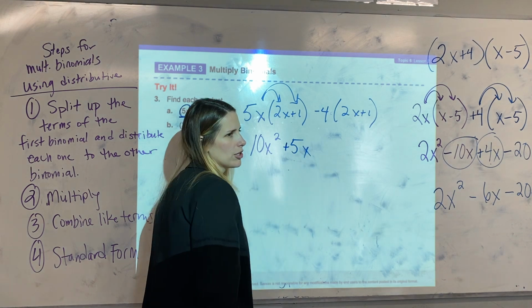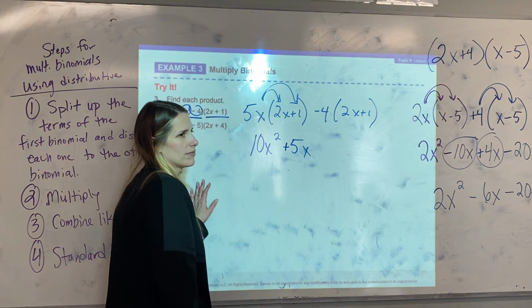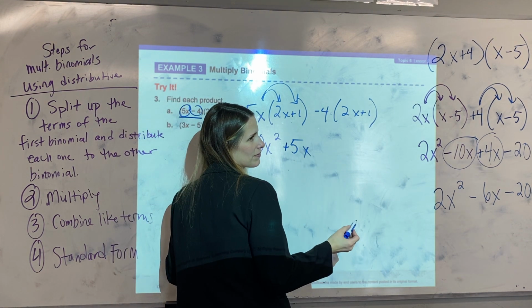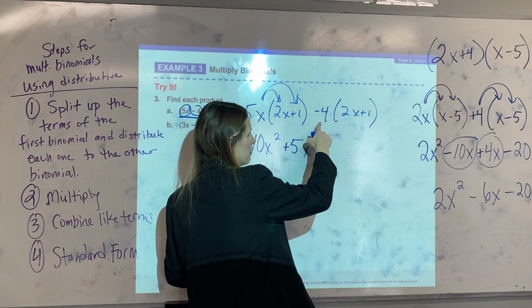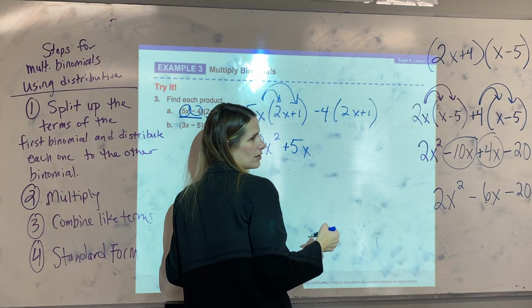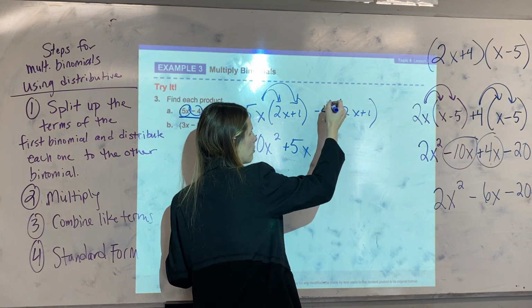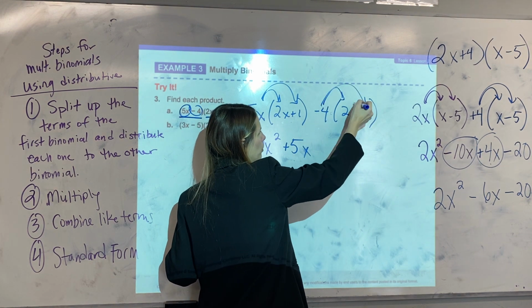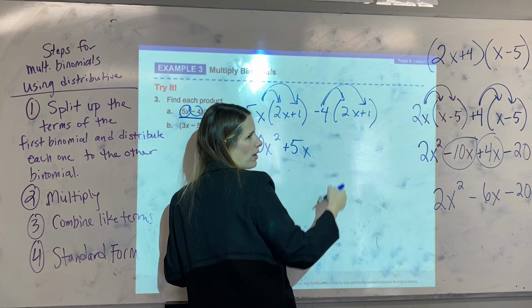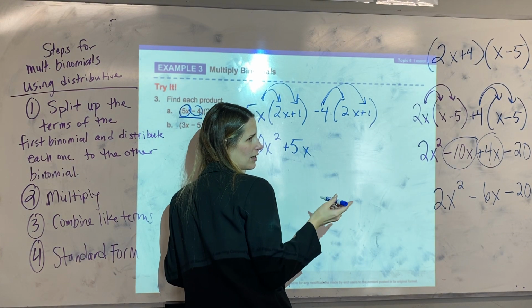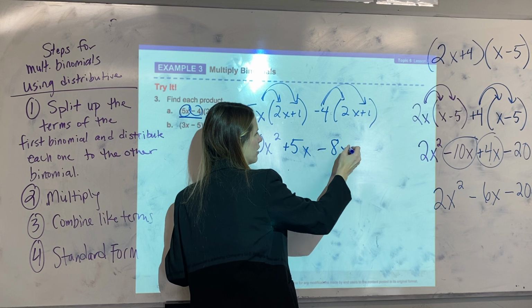Negative 4 times 2x is what, Lily? You don't have to look at your note, you can just say it. Negative 4, we're distributing. Negative 4 times 2x is what? Yeah, negative 8x, very good.